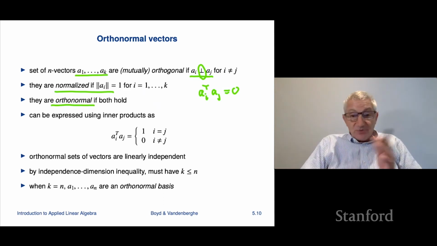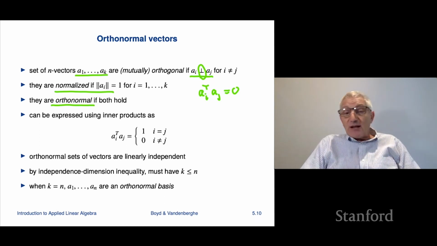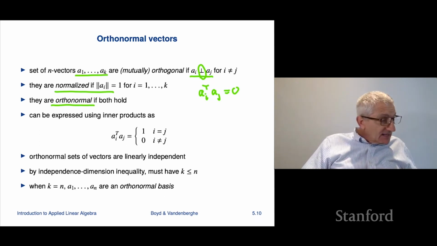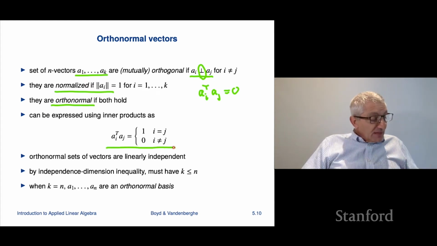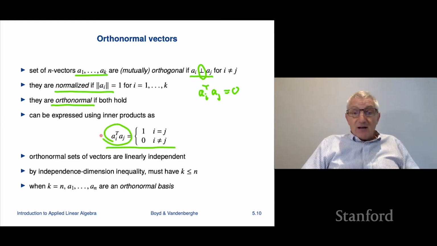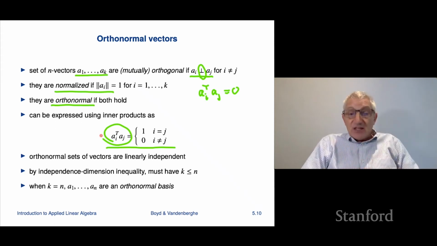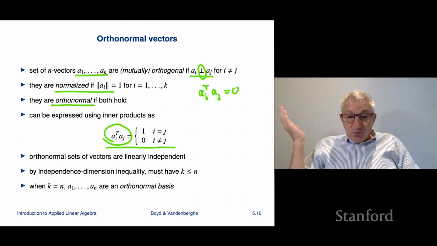Okay, so that's orthonormal. And you can write that just in terms of inner products. A set of vectors is orthonormal if the following is true: if I take the inner product of the ith vector with the jth vector, I get 1 if I equals j, because the inner product of a vector with itself is its norm squared, and if it's normalized, that's 1 squared, which is 1.